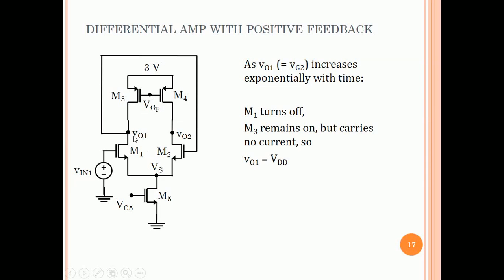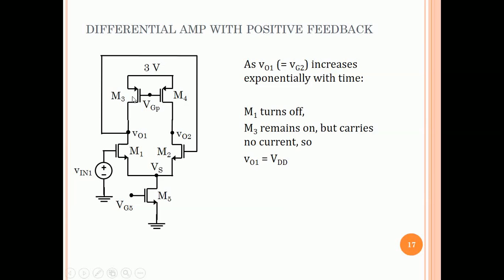So what is happening is that, let's say initially both these are equal just for the sake of argument, and at some time equal to 0 this is applied. And as this starts increasing due to positive feedback, VO1 starts increasing and M3 goes into triode, M1 turns off slowly, slowly, fast, whatever, as a function of time.